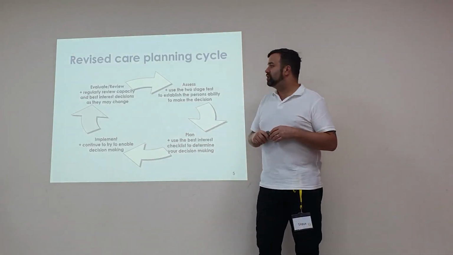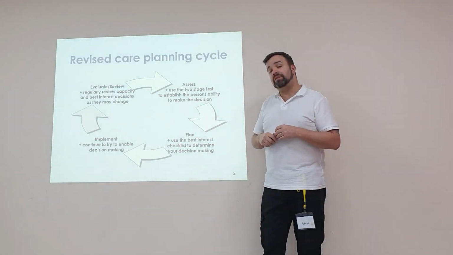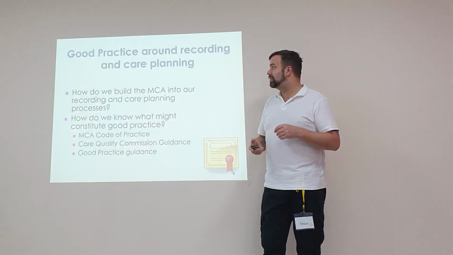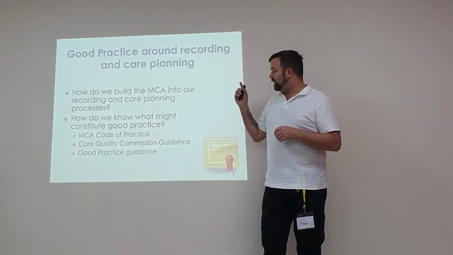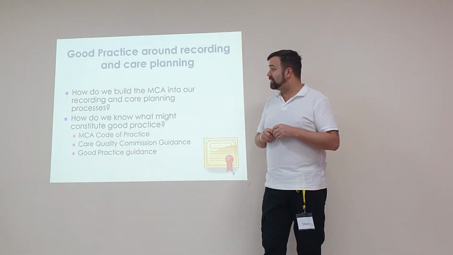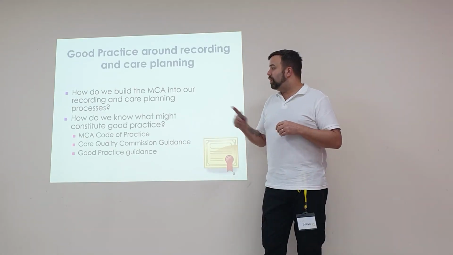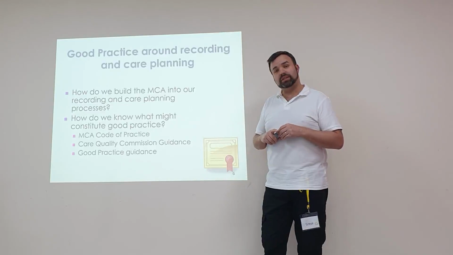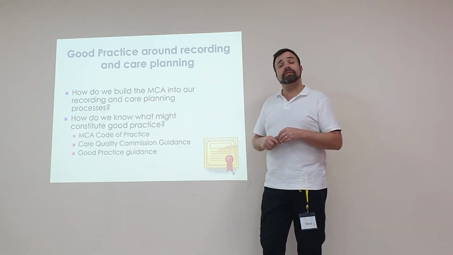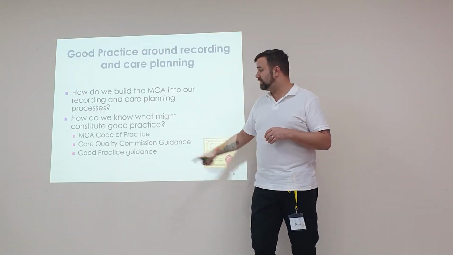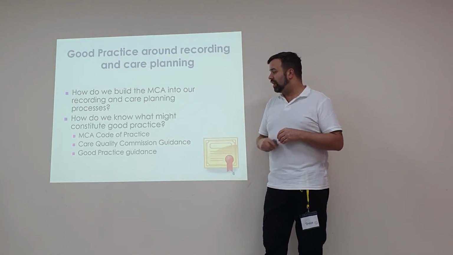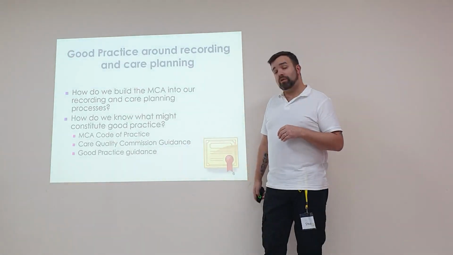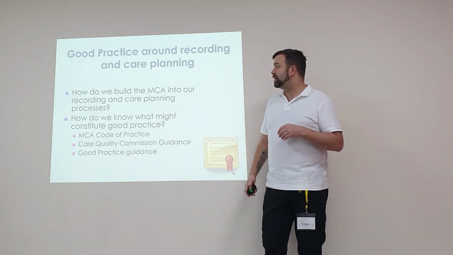Do we look at the decision-making process and review the capacity as it stands? It's important to follow the Mental Capacity Act when recording and planning these processes. We need to know how good practice takes this into account, therefore it's important we read the Mental Capacity Code of Practice, we follow CQC guidelines, and we follow our own company policies and procedures.